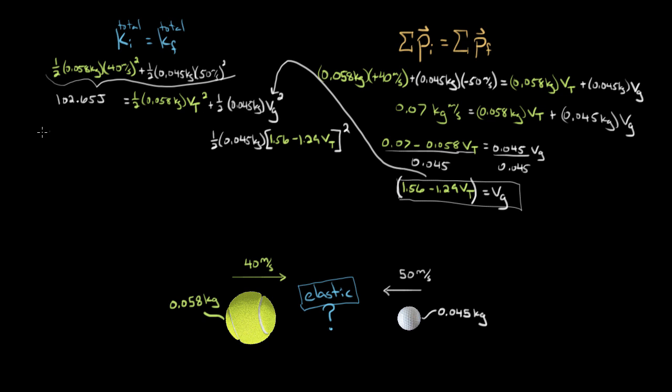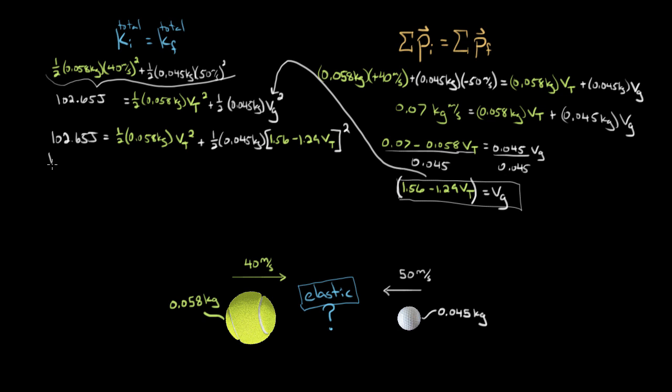I still have 102.65 joules equals 1/2 times 0.058 kilograms times VT squared plus this quantity right here, which is what I substituted in for VG. It's getting a little messy, but at least I now have one equation with just one unknown. I just have VT in here.